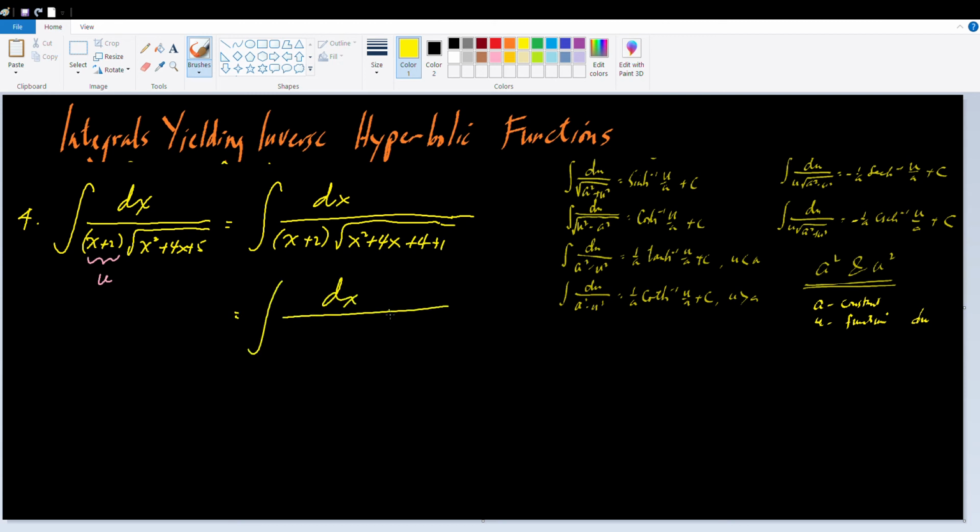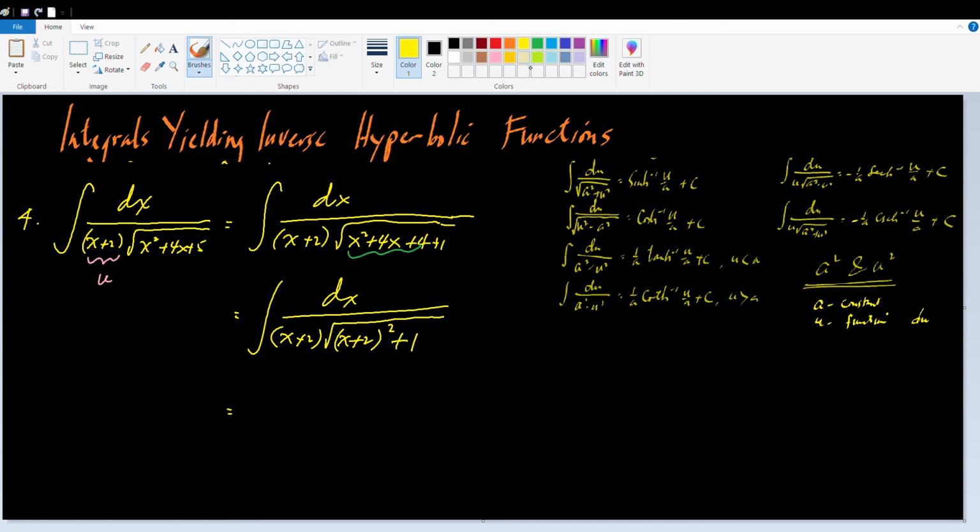Next, dx over x plus 2 times the square root of x squared plus 4x plus 4 is now equal to x plus 2 quantity squared. And that is exactly the term we need. We need u squared inside, u is x plus 2, and then plus 1.